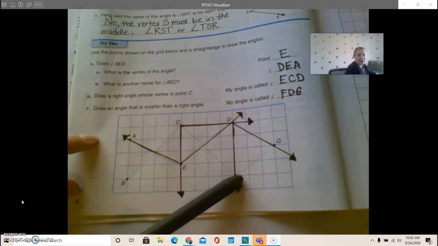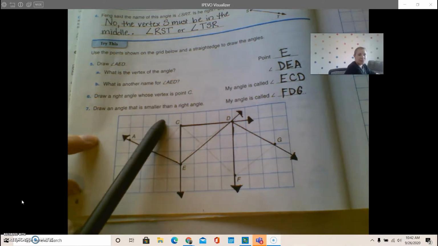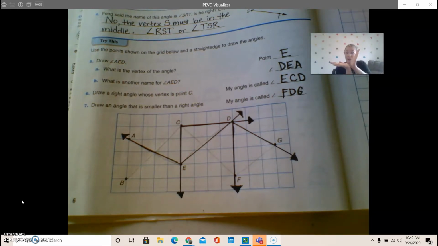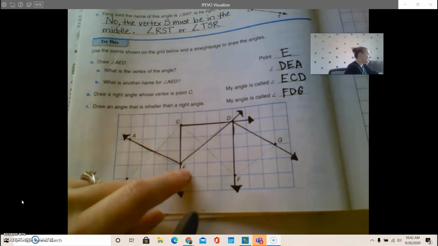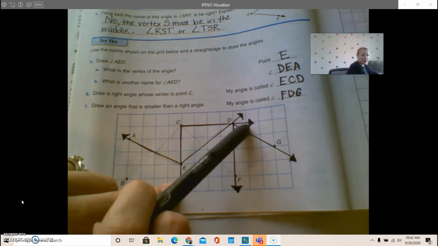Okay? The other, number 7, says draw an angle that is smaller than a right angle. So remember, a right angle forms an L shape, so we want anything that's smaller than a right angle, okay? So the one that I chose to draw was FDG, okay? That's my angle right here.